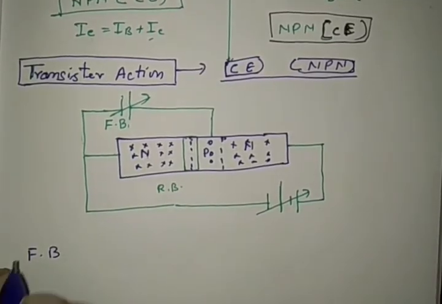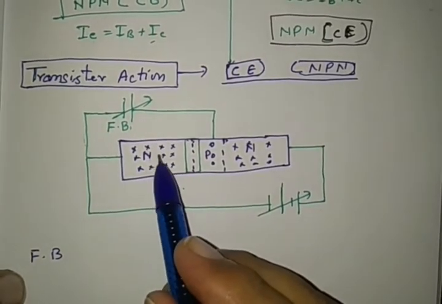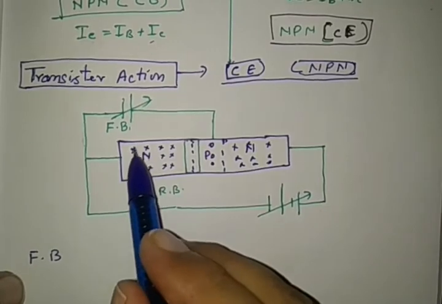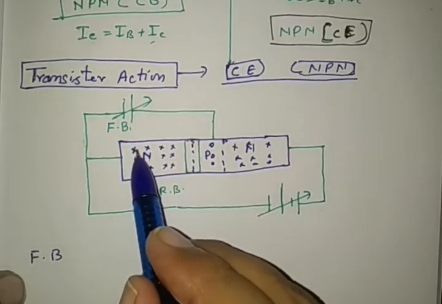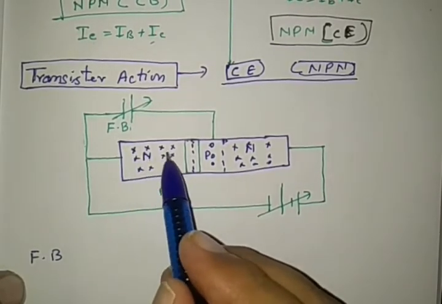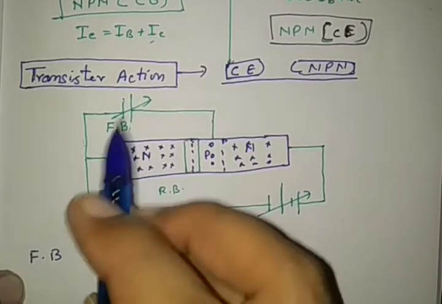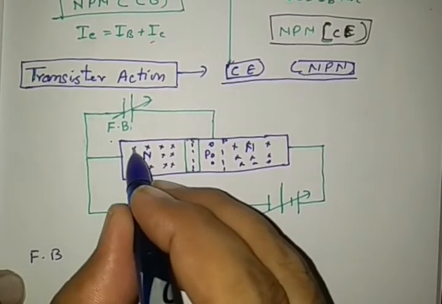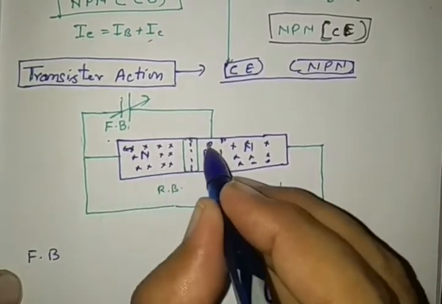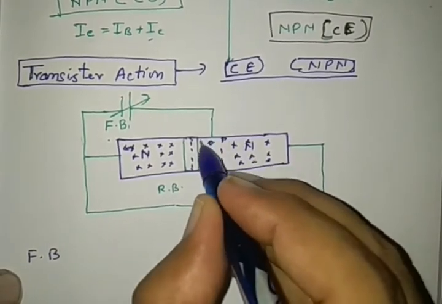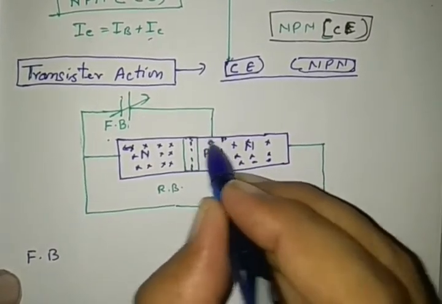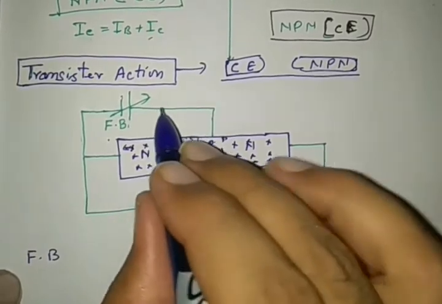forward bias configuration. When it is under forward bias, the electron, represented by a cross, is attracted towards the negative terminal side, and the hole towards the positive terminal.